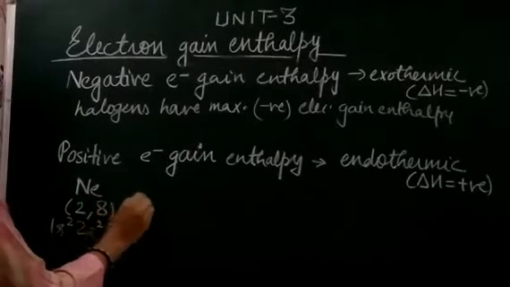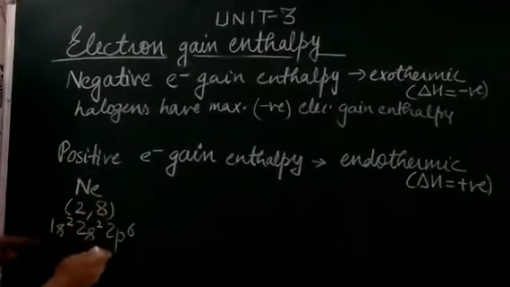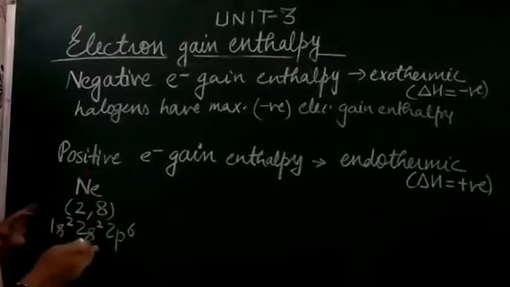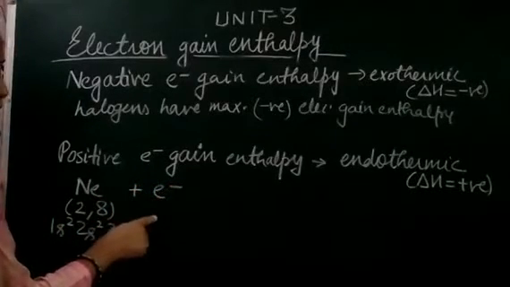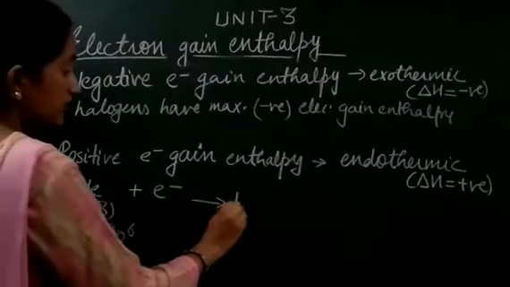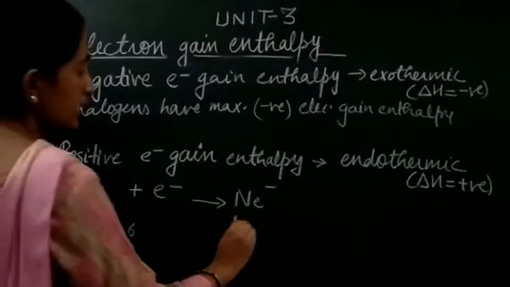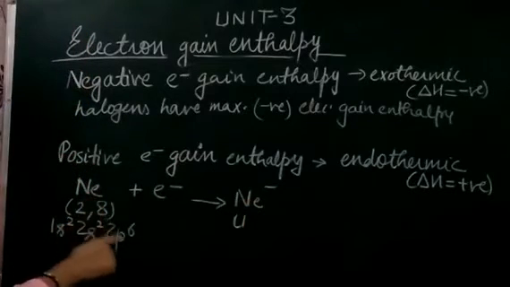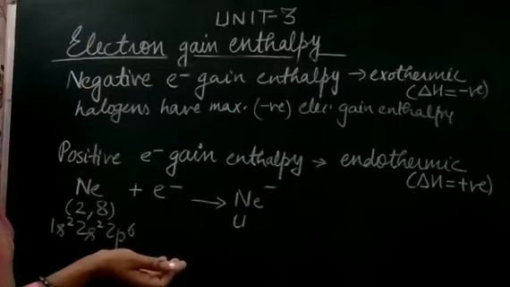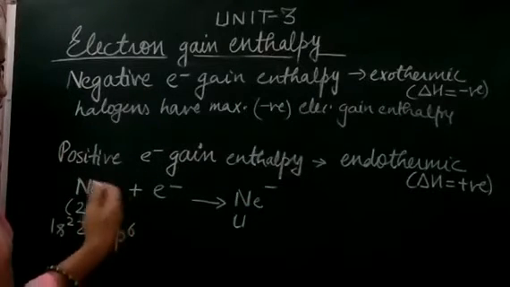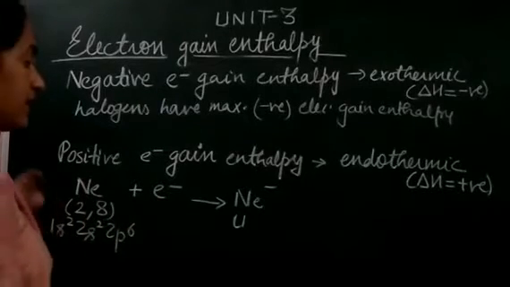Now, when an electron is added to an atom whose electronic configuration is completely filled up, the electron will be added to the higher principal shell. That state is going to be an unstable state.